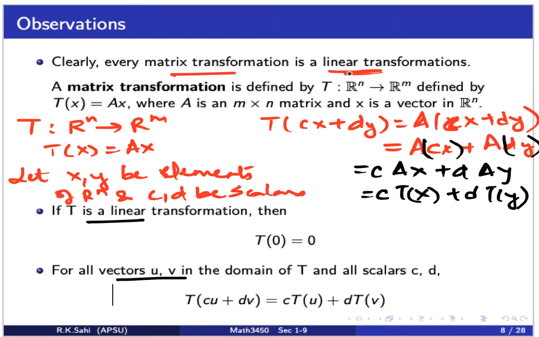Now, going backwards, be careful. It's like a one-way direction. To go backwards, we are going to talk about a very important theorem here. What will make a linear transformation a matrix transformation? We will do that in a few minutes, but let's start with an example of what we have talked about so far.